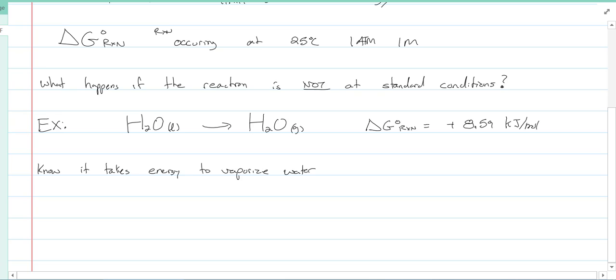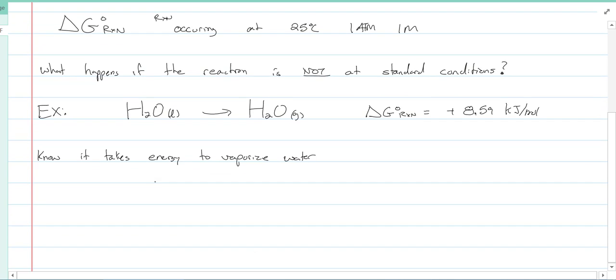However, water evaporates at room temperature, even though delta G standard is positive.